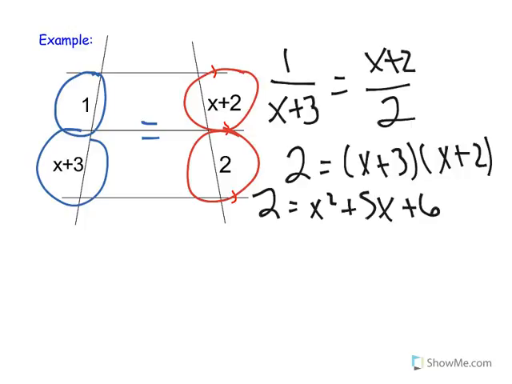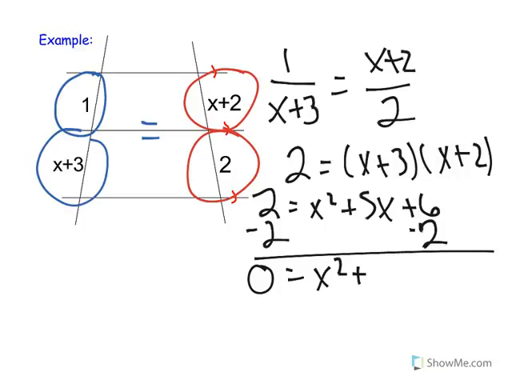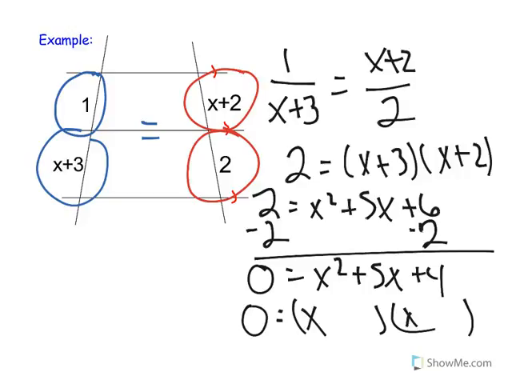Subtract 2 from both sides so that it's equal to 0. So factoring, numbers that multiply to 4 and add to 5: positive 4, positive 1. 1 times 4 is 4. 4 plus 1 is 5. So that means x equals negative 4 and negative 1.